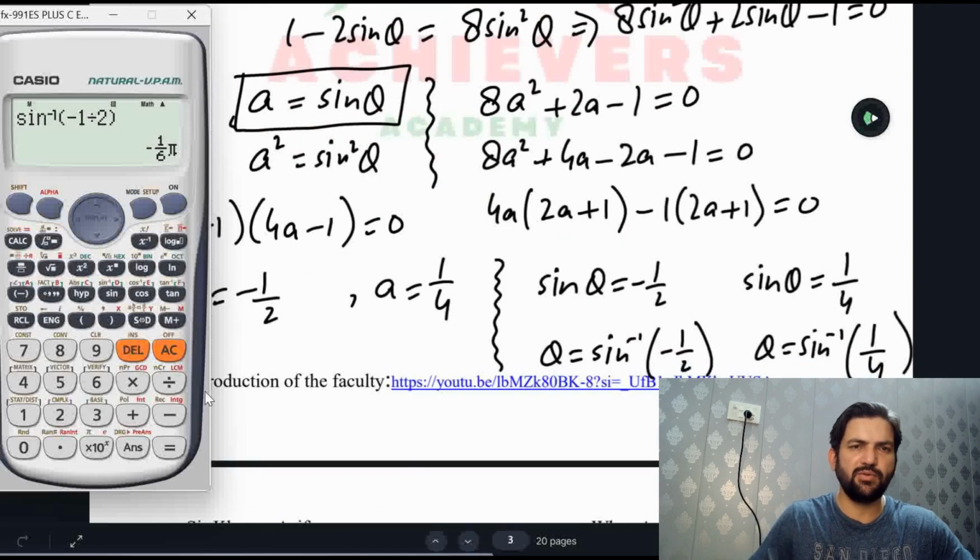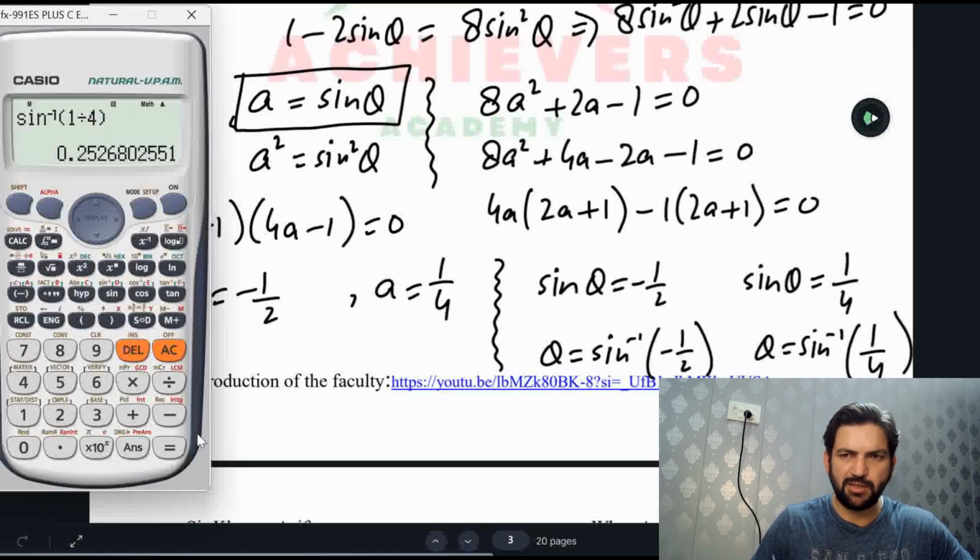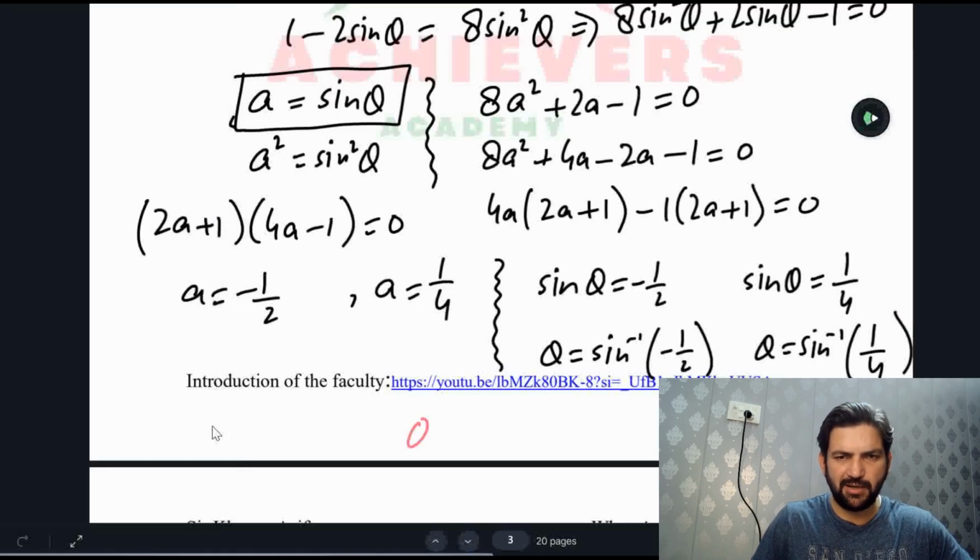So we can confidently say that sine inverse of 1 divided by 4 will be within the range. So we can decide that theta will be equal to sine inverse of minus 1 by 4. This will be the final answer.